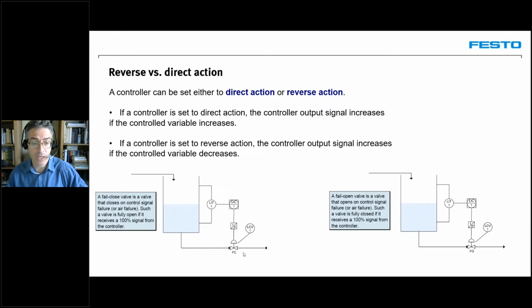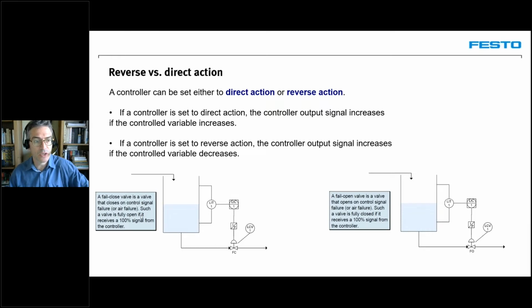As we can see here, we have a fail close valve, which is the output of our tank. A fail close valve means that if it does not receive any signal, meaning maybe the cable is cut, so we are in a fail mode, the valve will totally close.